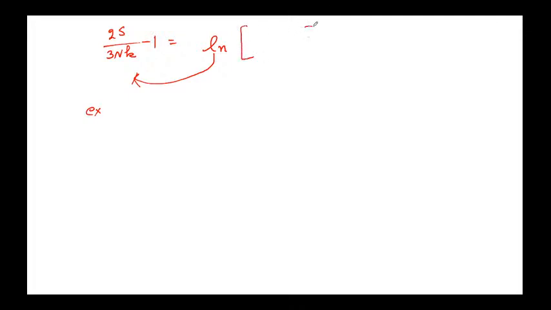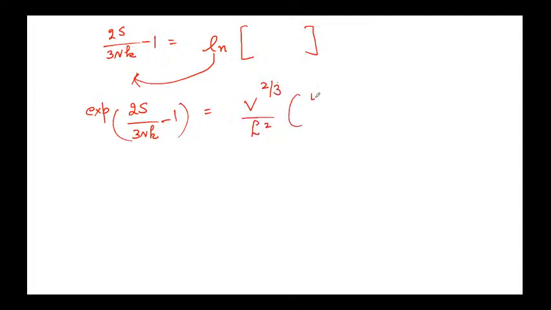So the left hand side becomes the exponential function of 2S over 3nk minus 1, which equals V to the power 2 by 3 over h squared. The powers get cancelled and what we are left with is 4 pi m E over 3n.